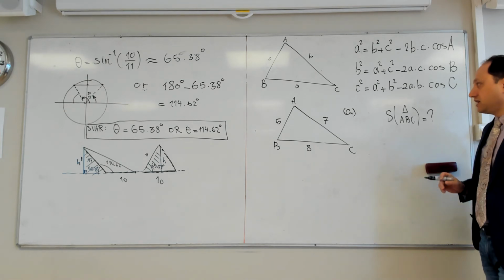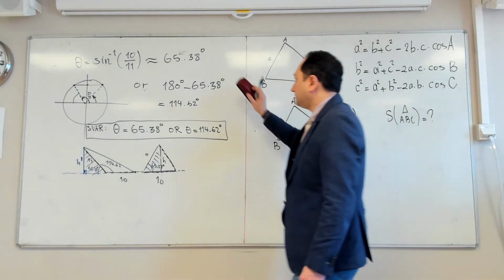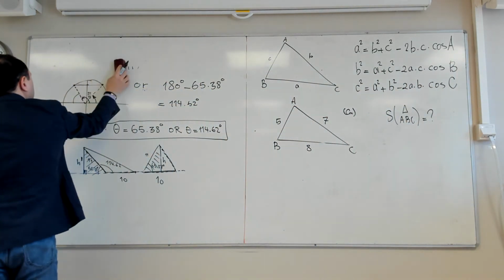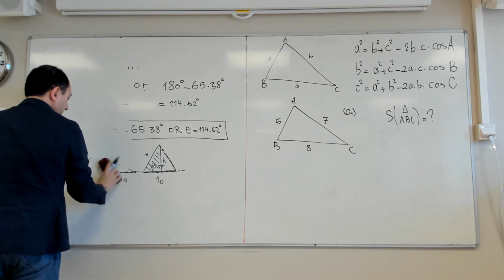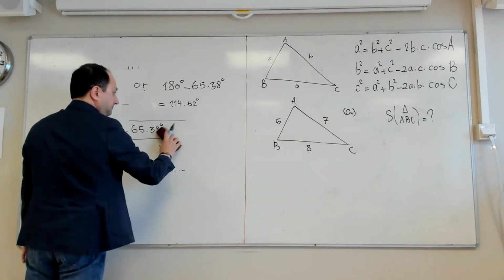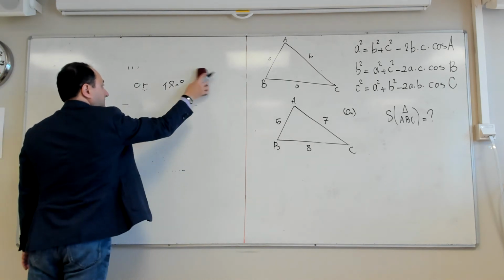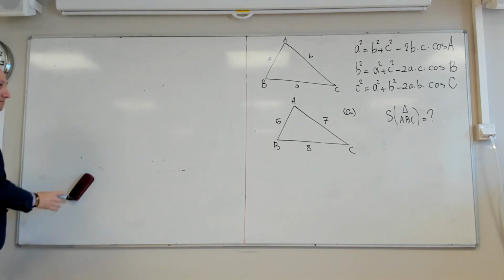Okay, so how should we think about this problem? Let us think it step by step. There is only one rule that we learned today about the area of the triangle, and that is the area rule.